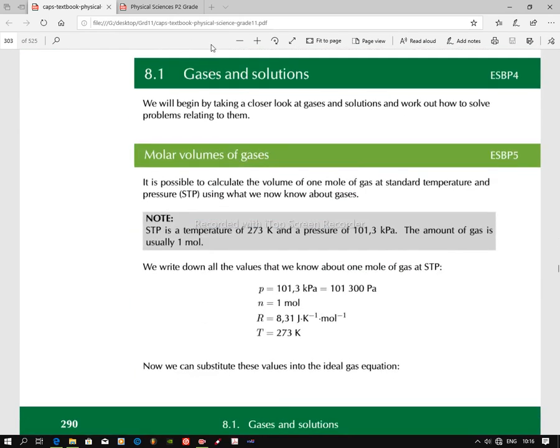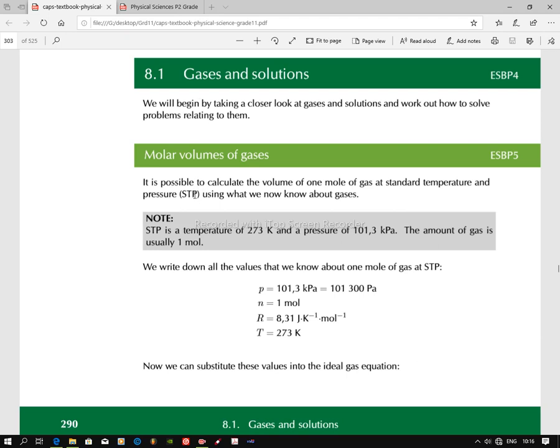So moving forward, 8.1 there is gases and solutions. So we will begin by taking a closer look at the gases and solutions and work out how to solve problems relating to them. So we have the molar volume of a gas.